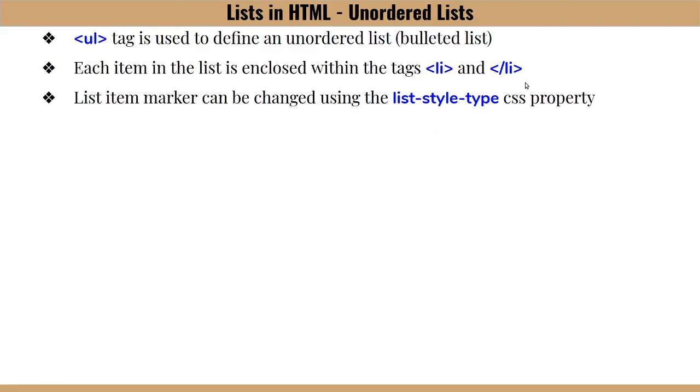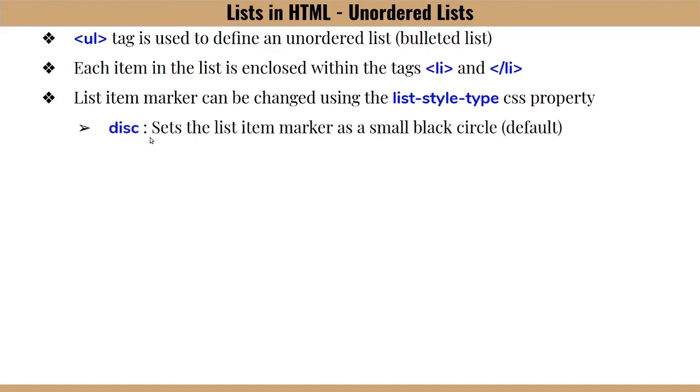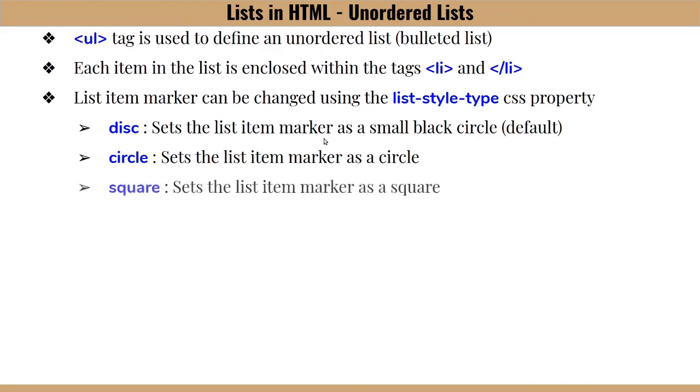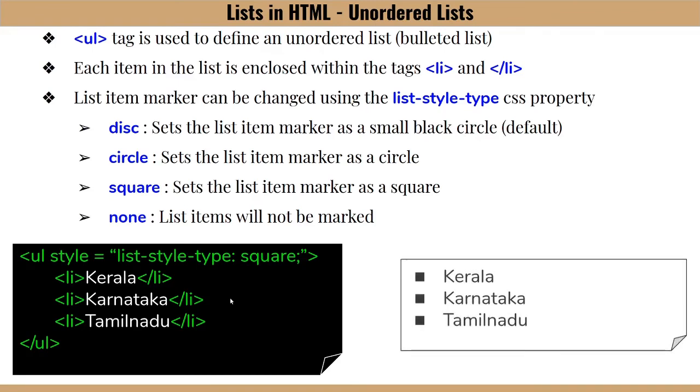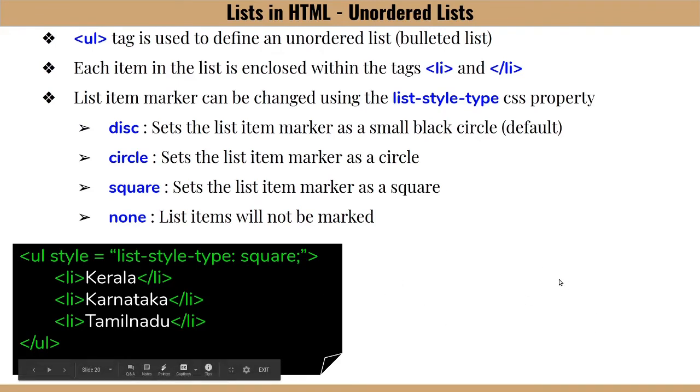CSS is another language which is used for styling HTML. We will not learn about CSS here. You can have disk, circle, square or none as the value for this list-style-type. This is an example for that, and this will be its output.